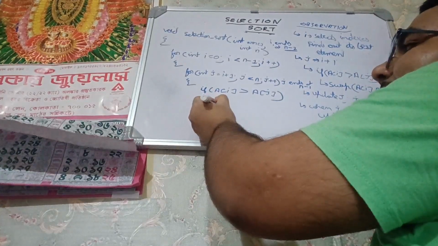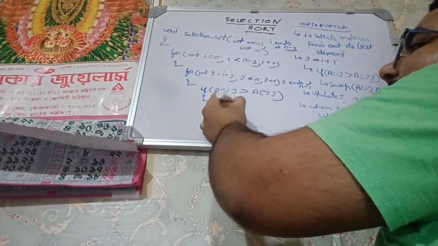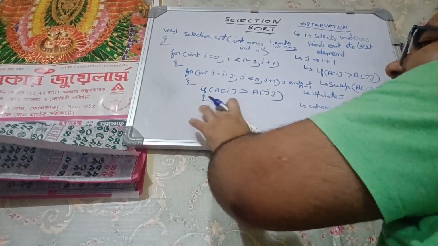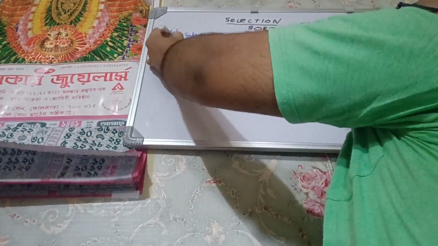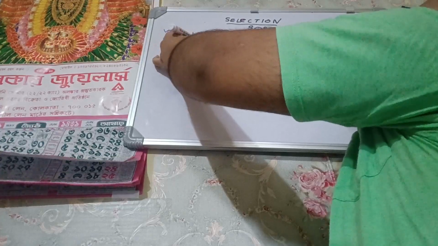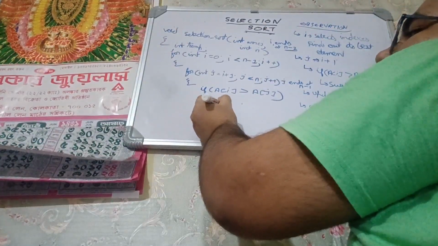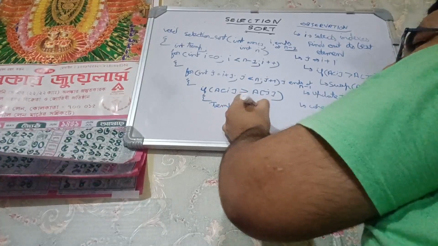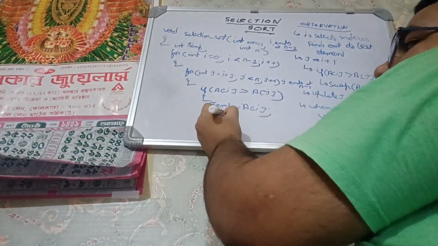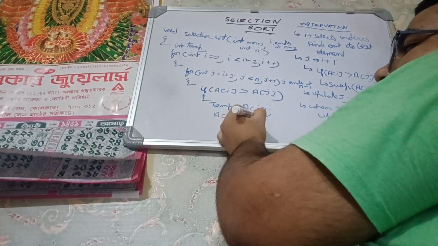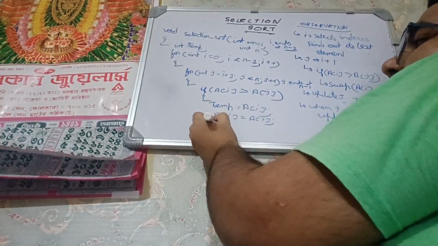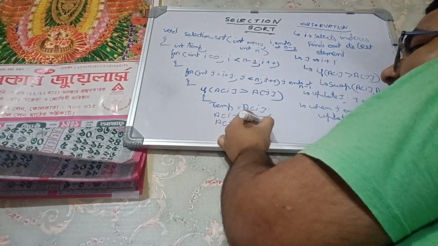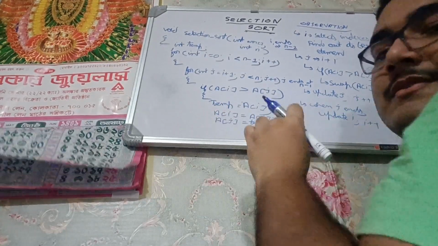So say I am taking a variable, say int temp, or you can declare this variable before. temp is equal to a of I, a of I is equal to a of j, a of j is equal to temp, fine.